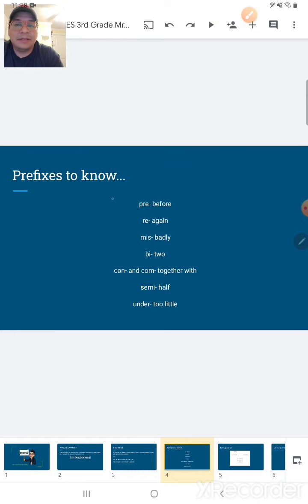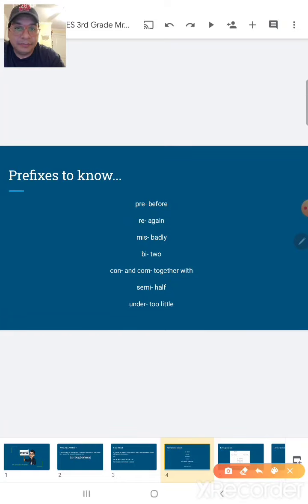So these prefixes that are very common for us and we see often are pre, meaning before, like a pre-test, right? A preview. We have re, again, repeat it, right? Mis, which is badly, and by, meaning to.